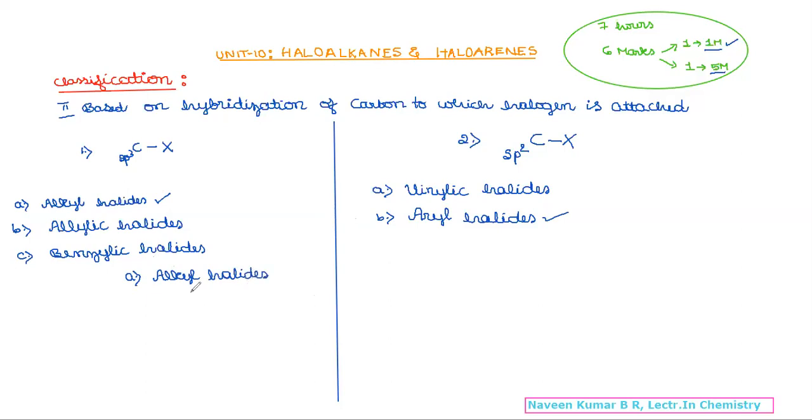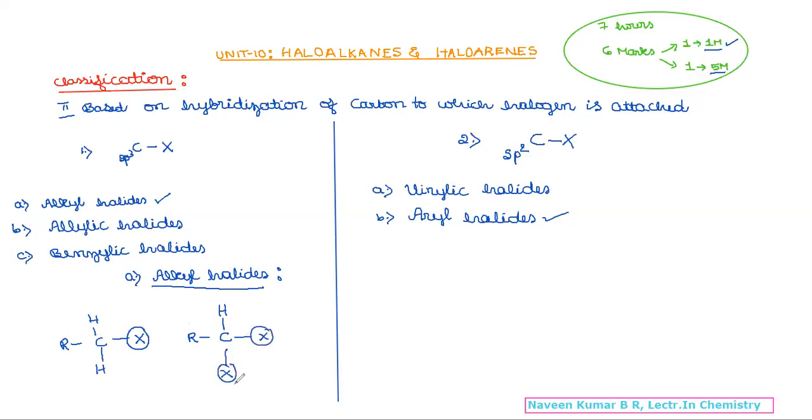So in the case of alkyl halides, the halogen atom is attached to the alkane, that is the alkyl group. A simple example we'll take: RCH2, and one hydrogen of that is replaced by a halogen. Another example, RCH, and 2 hydrogen atoms of the compound are replaced by halogens.